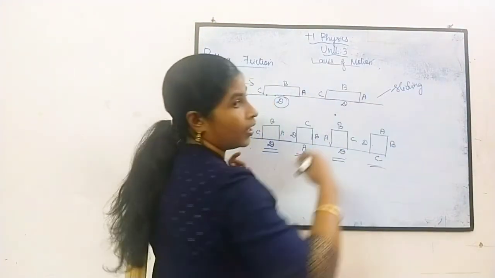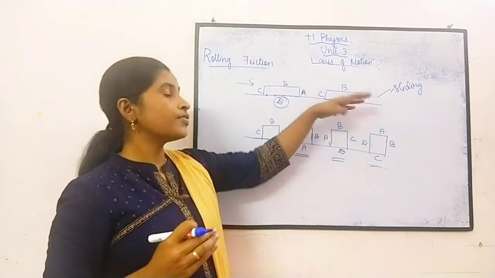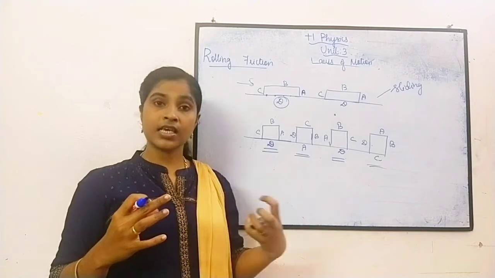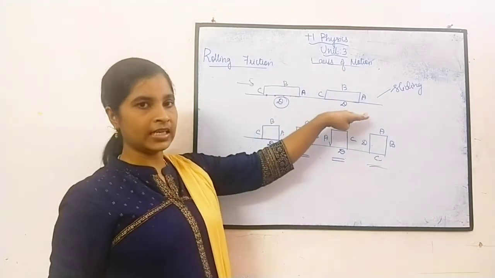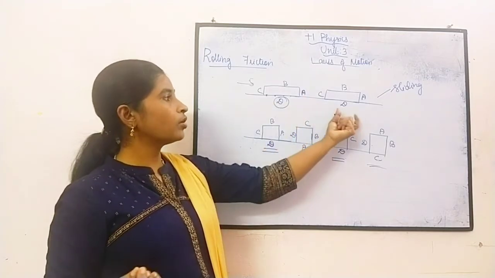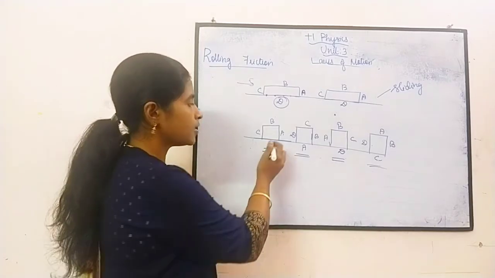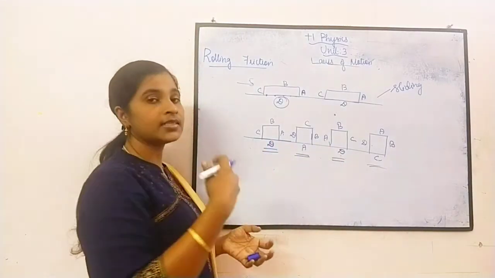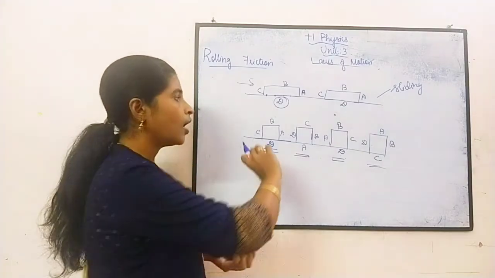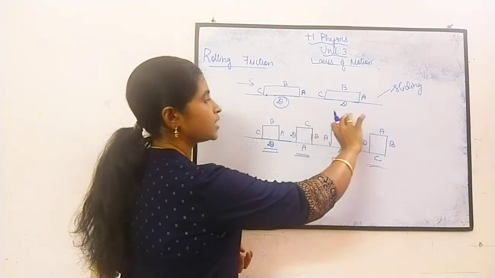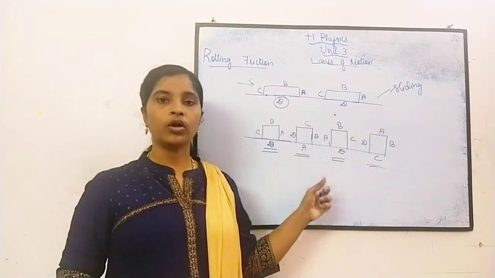Sliding means that when the surface provides a friction equal to the applied force, the object will start to slide. But in case of rolling, the surface of contact varies at different times, because the object is rolling. This type of motion is called rolling motion.